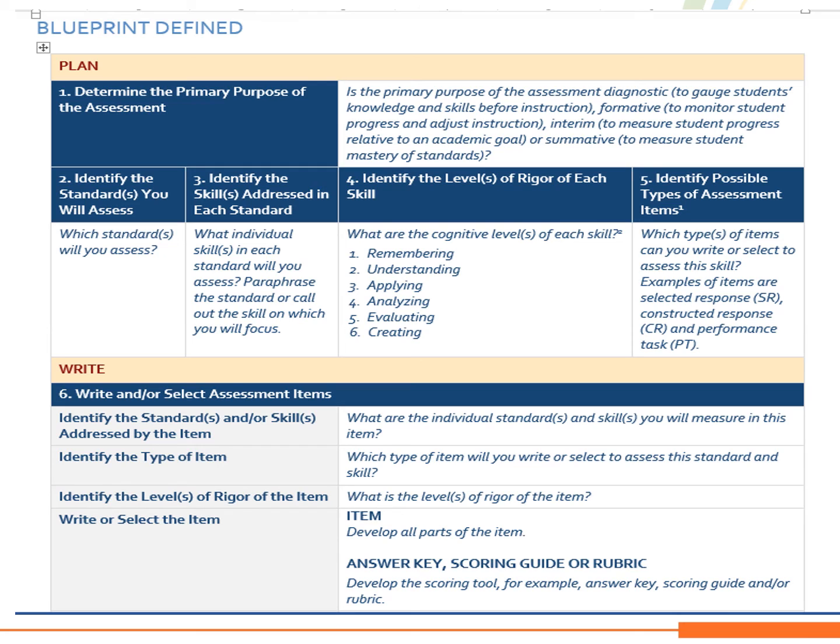So once again, the purpose of your assessment, your standards, the skills that you are assessing based on what's written in the standard, whether it's critical thinking skills, whether it's a writing skill that you are assessing, whether it's a mastery of fractions or percentages, equations, what skill is it that you are assessing? Again, the level of rigor, assessment items, and then again going down to more detail on those assessment items that you're using.